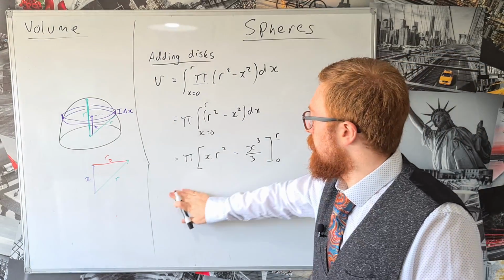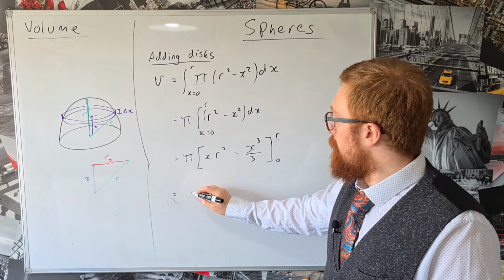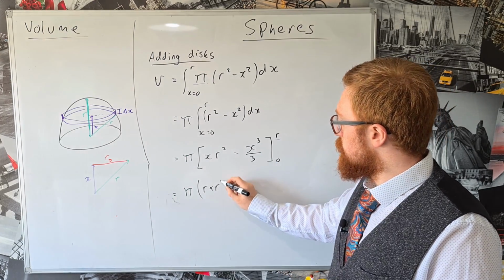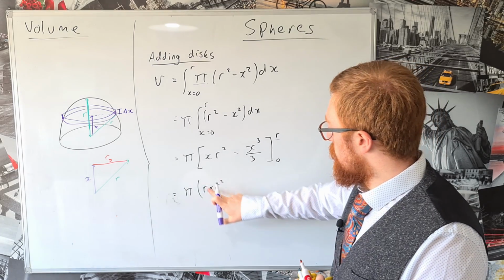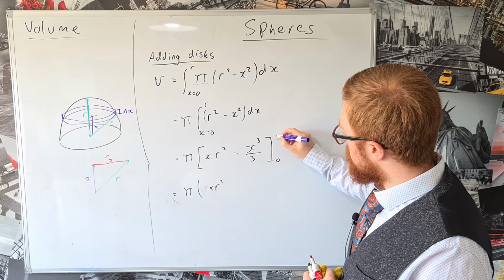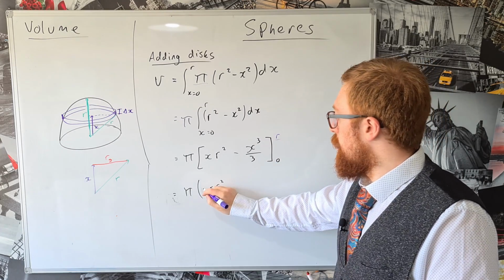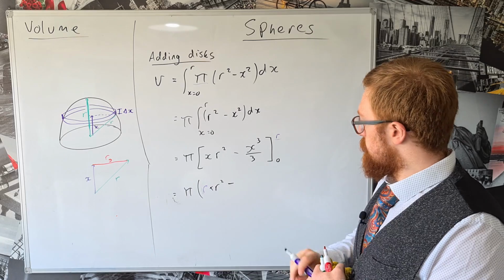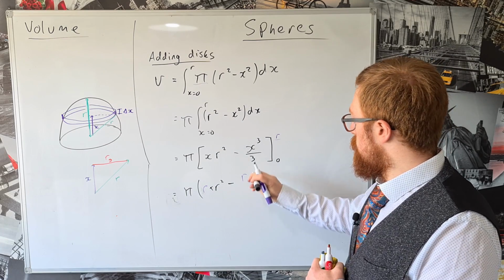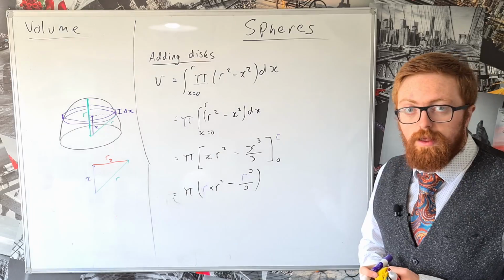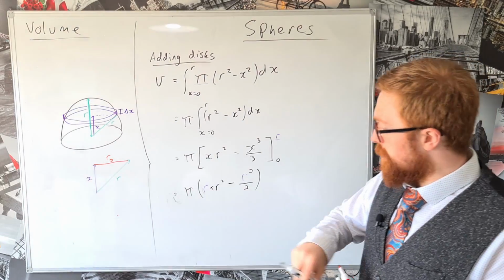So then that's equal to pi times, well, r times r squared, and I'll put the ones we're substituting in purple so you can see the difference. So we're going to get r lots of r squared, and then we subtract r cubed over 3. Now we can simplify that down.